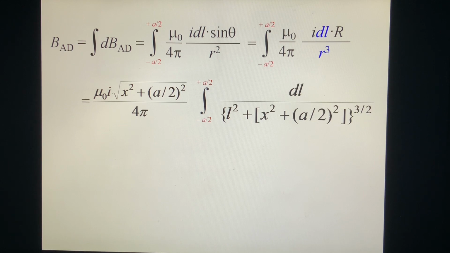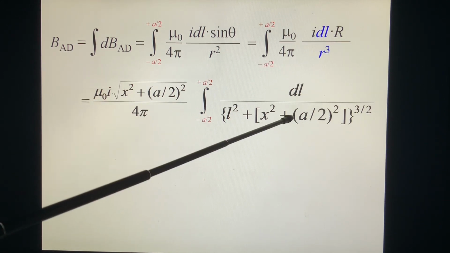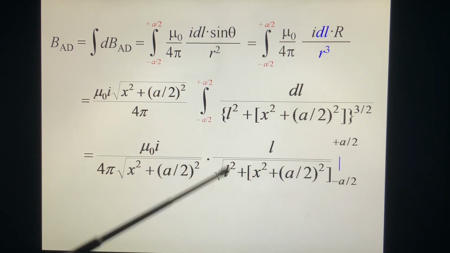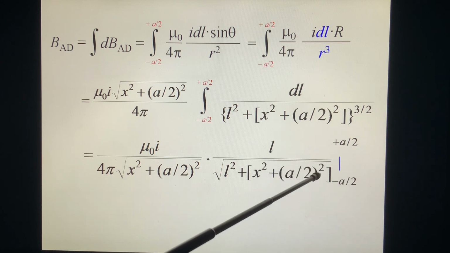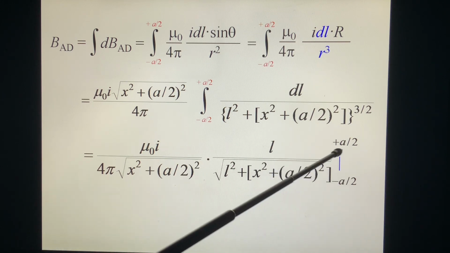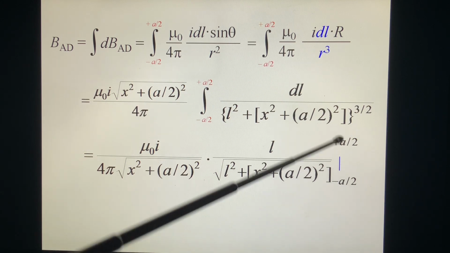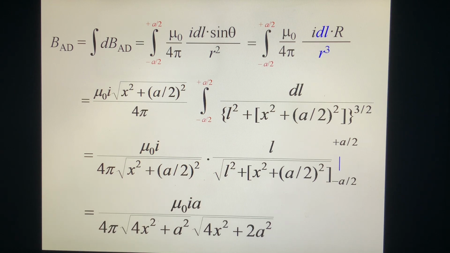We can check the integration table and find the answer: l over R squared times the square root of l squared plus x squared plus half A squared, from minus half A to plus half A, and we get the answer. This is B AD.